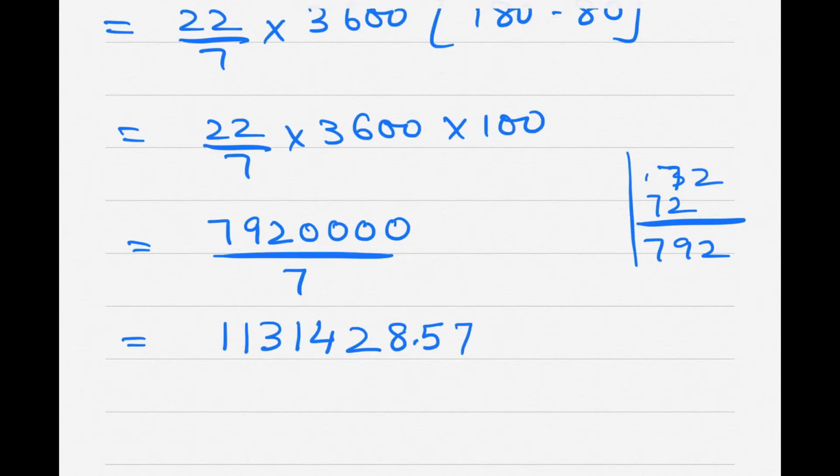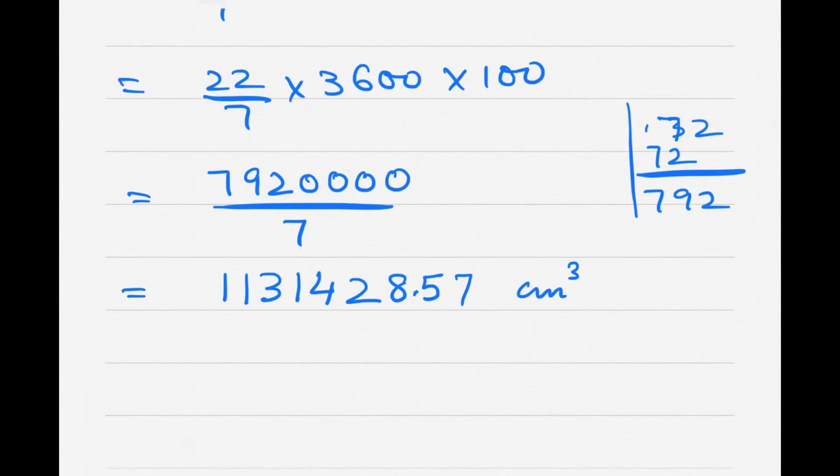Now this is given in centimeter cube. If I have to convert into meter cube, so how many? It will just go ahead by 6 decimal points. So 6 decimal points means 1 2 3 4 5 and 6. So it will become 1.13142857 meter cube.